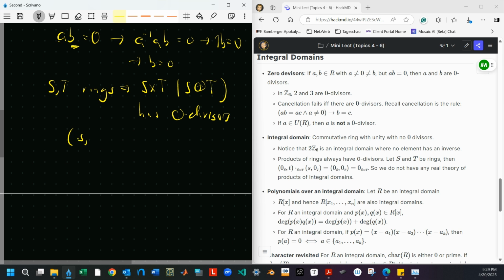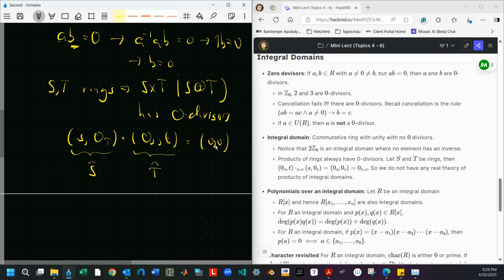So S together with 0_T, right, times 0_S together with T, right? So this is anything in the copy of S, which I tend to call S hat, times anything in the copy of T, which I tend to call T hat, right, is actually equal to 0, right?